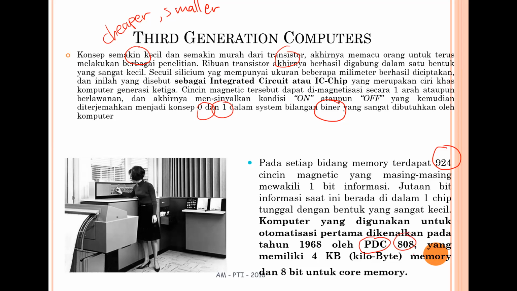Yeah, this is the series name, which has 4 kilobytes of memory and 8-bit for the core memory. This one is probably getting smaller and cheaper. I guess it's getting better.